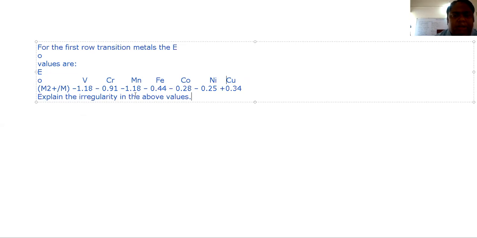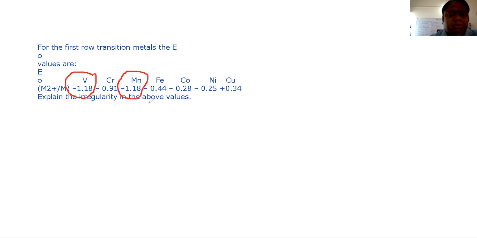If you compare the reduction potential of vanadium and manganese, it is the same. So if it was increasing, it should have increased. Now this irregularity is due to the irregularity in the arrangement of the unpaired electrons in the d orbital. All right, so we can explain each of these. So let us take it point by point.